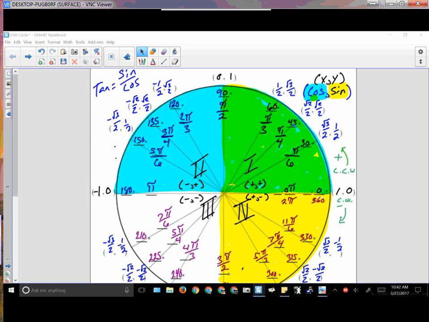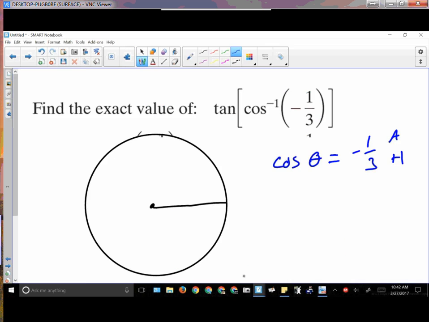Because, whoops, sorry. Because what we end up with is something over here. But now, how is this going to play out? When this works out, we're still having to have this deal on a right triangle, correct?